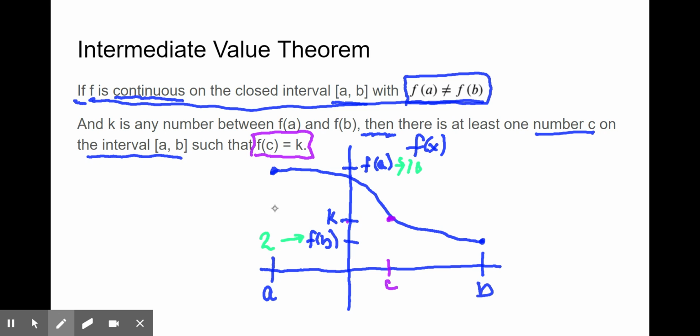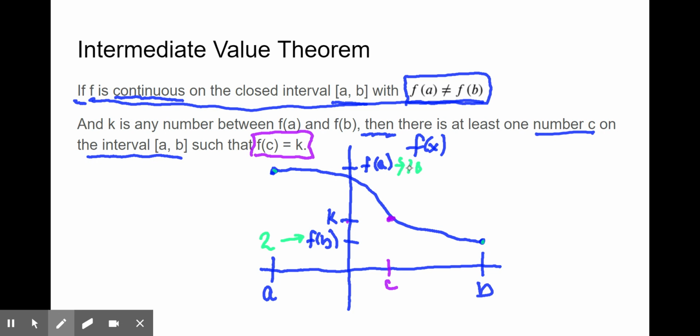And now I want to go from this point to this point. Then if I want to go between these 2 points, the only way for me to get there is to go through all of the y values that are between 10 and 2, right? I have to go through 9, 8, 7, 6, 5, 4, 3, 2, right? To get down to 2, correct? I have to. It's the only way to do it, right? It's the only way to do it.